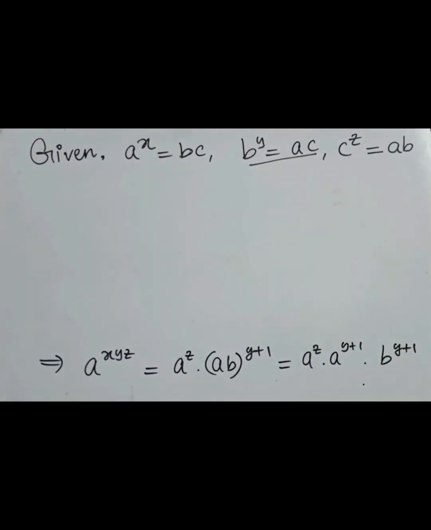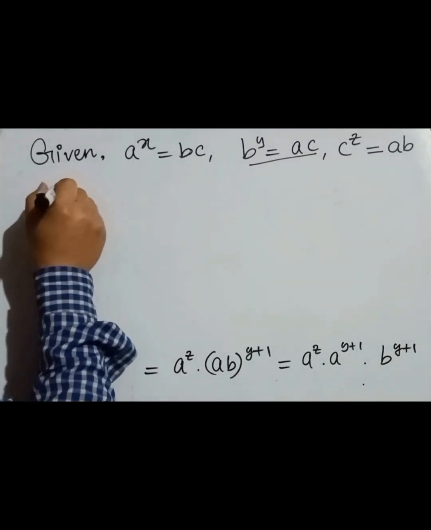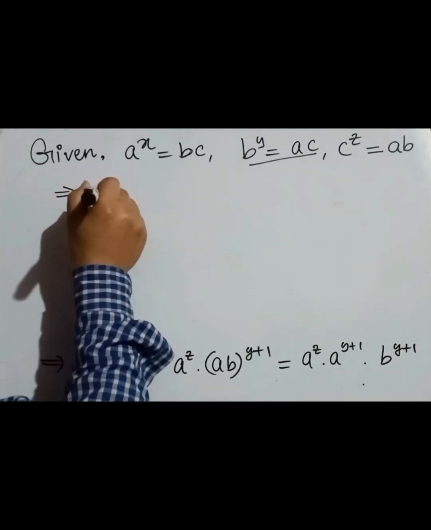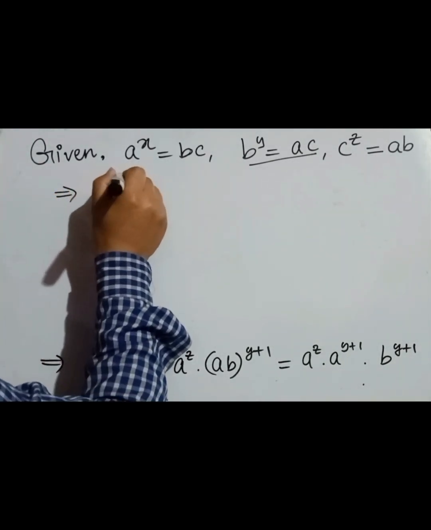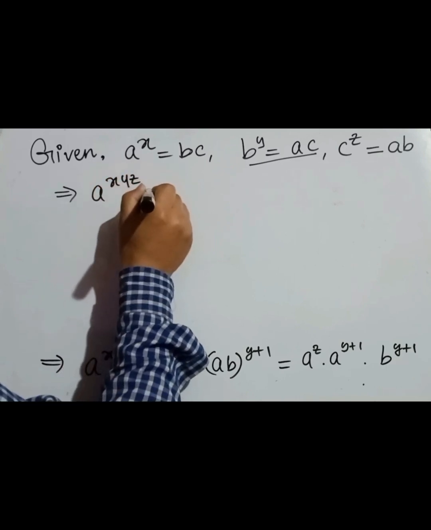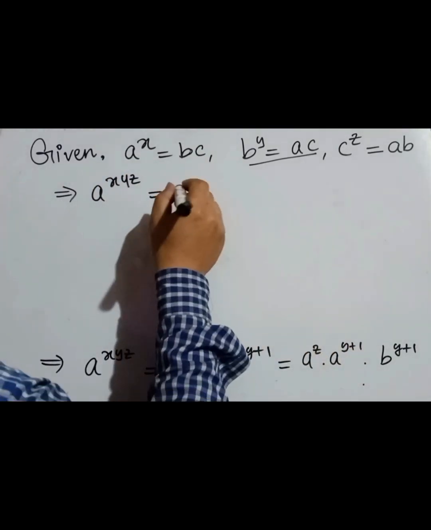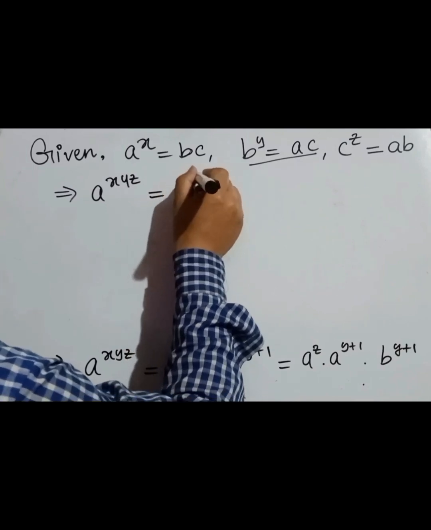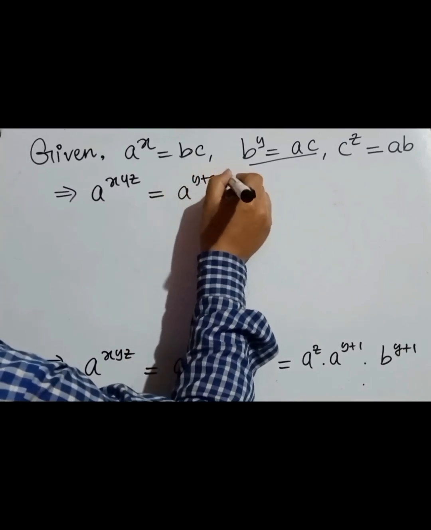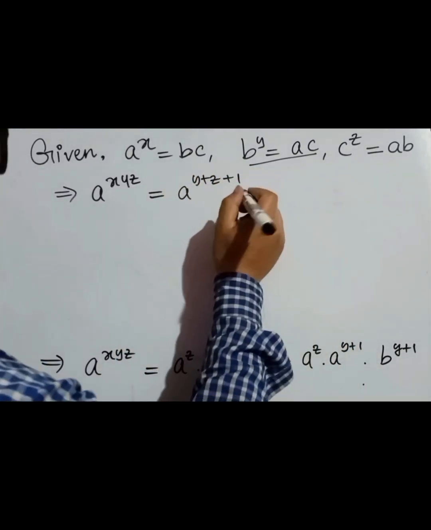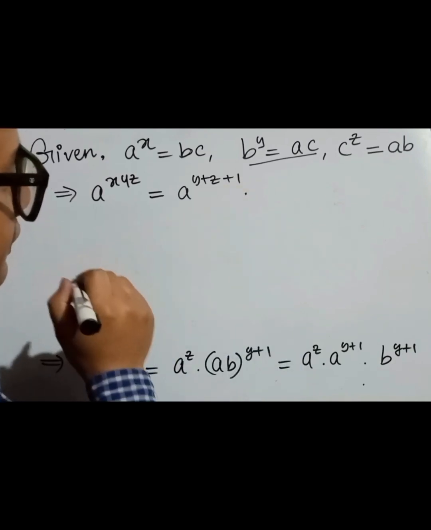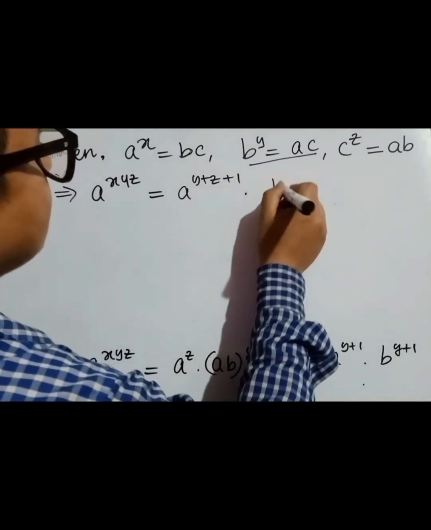We can continue here. So here it becomes a to the power x into y into z is equal to, we have to multiply these two expressions, so it becomes a to the power y plus z plus 1 into b to the power y plus 1.